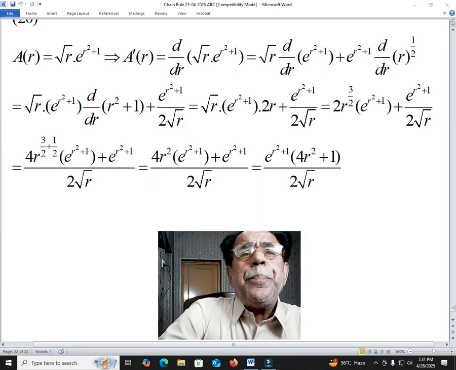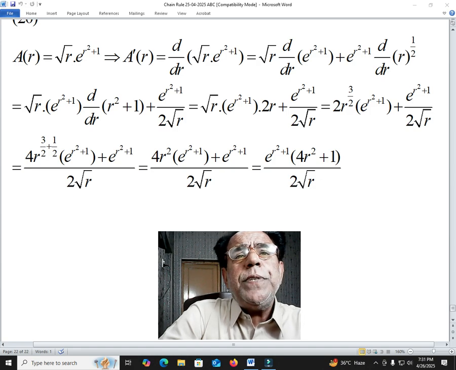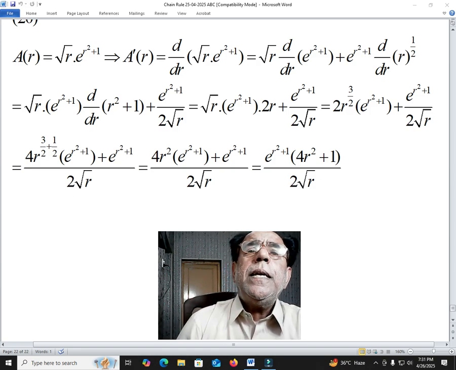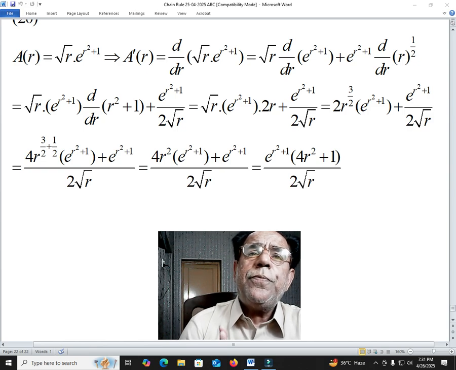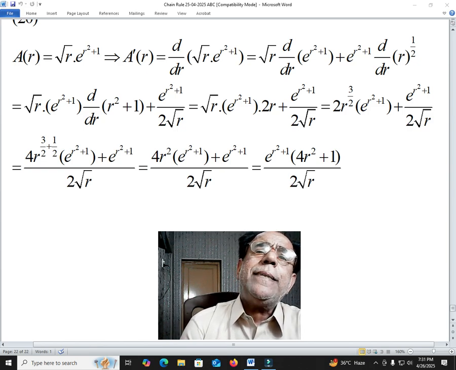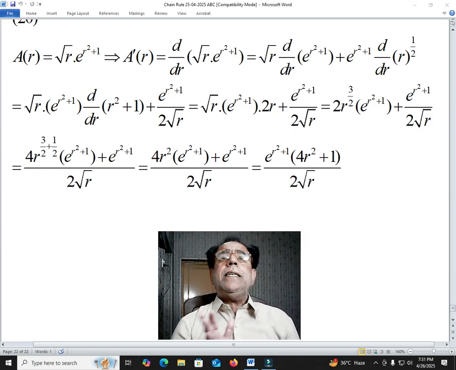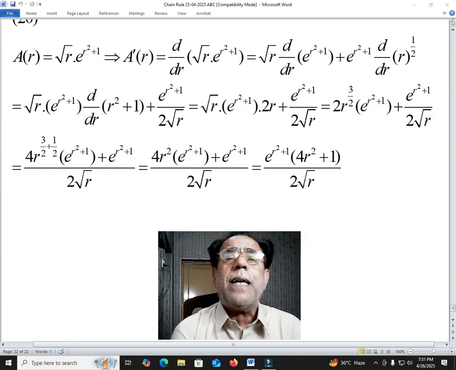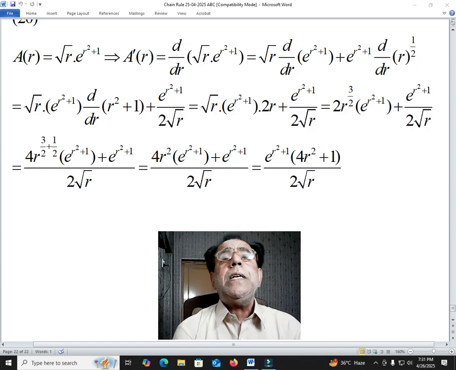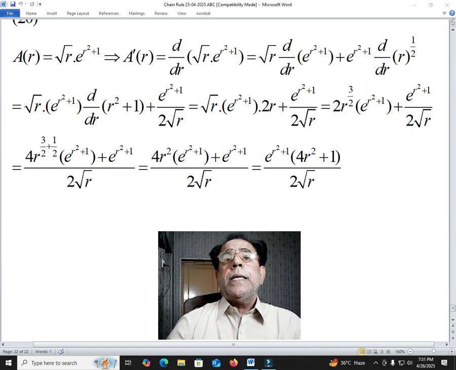So dear students, here differentiation of e raised to r squared plus 1 with respect to r will be e raised to power r squared plus 1 as it is. Then we will differentiate the power of e, that is r squared plus 1, which will give result 2r.